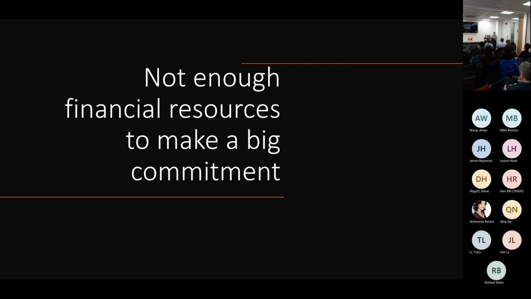Not enough financial resources to make a big commitment. Now, I use the word big commitment because people underestimate how much money is required to expand into the market. China is not cheap. And people need to get that into their heads. It is not a cheap market. Labor is expensive.